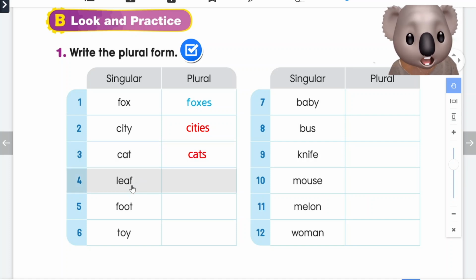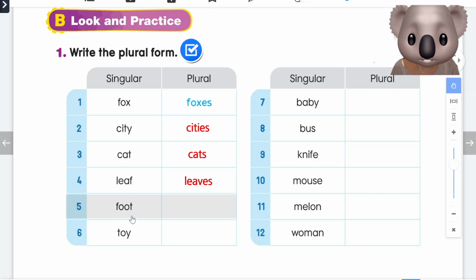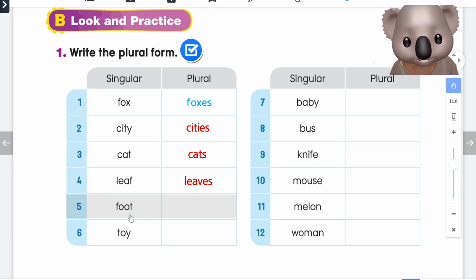Number 4. F. F to V and add ES. LEAVES. Number 5. Foot. This word was an irregular word. OO changes to EE.